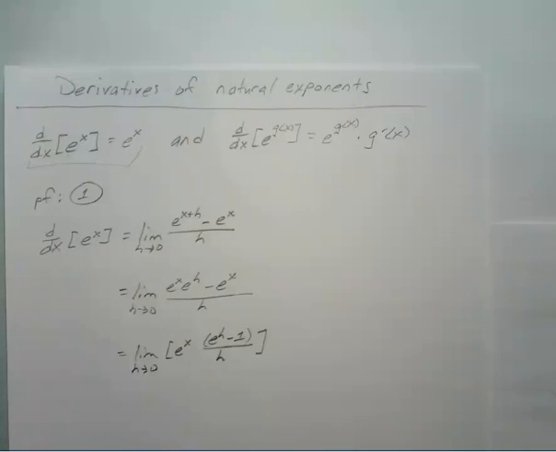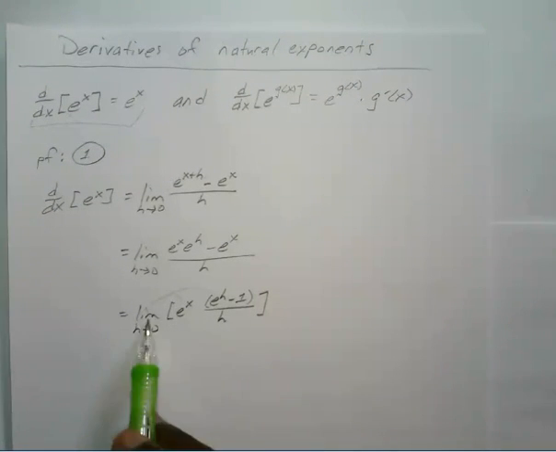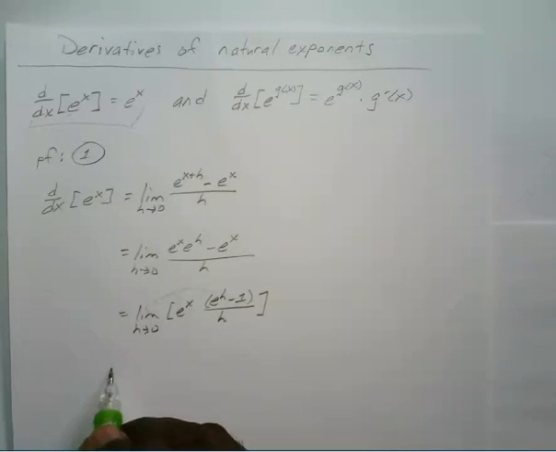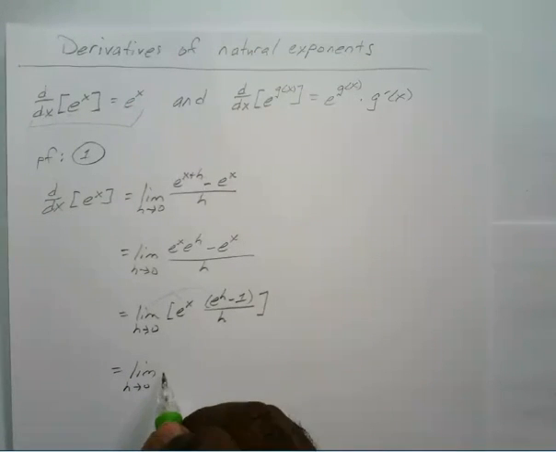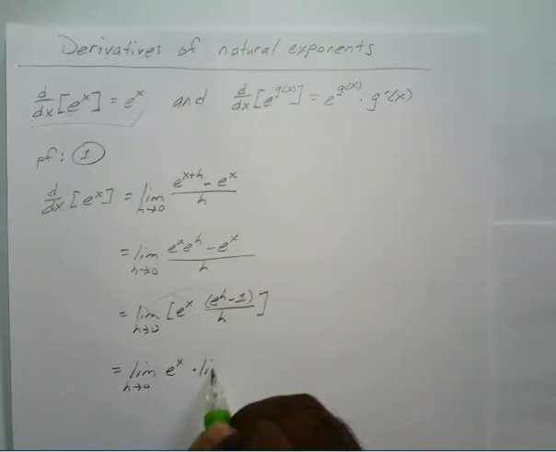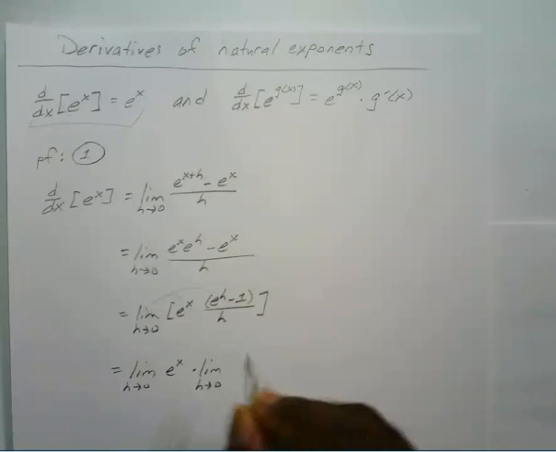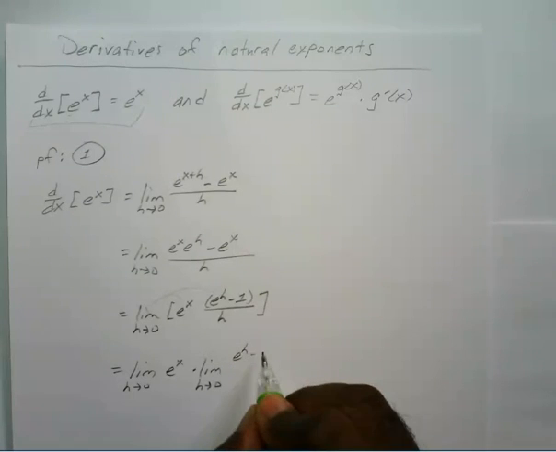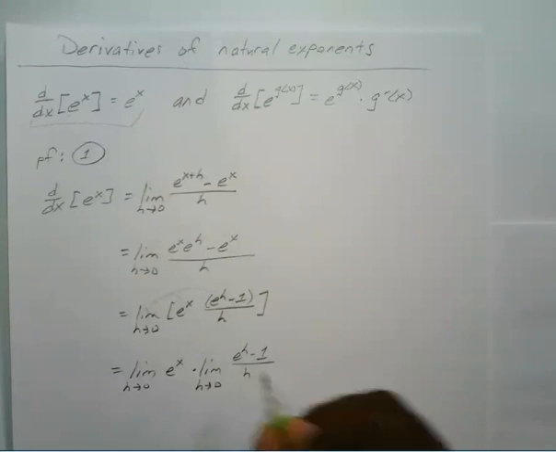If you remember your limit laws, you can apply the limit to both of those factors. So you have the limit as h approaches 0 of e to the power of x times the limit as h approaches 0 of e to the power of h minus 1 all over h.